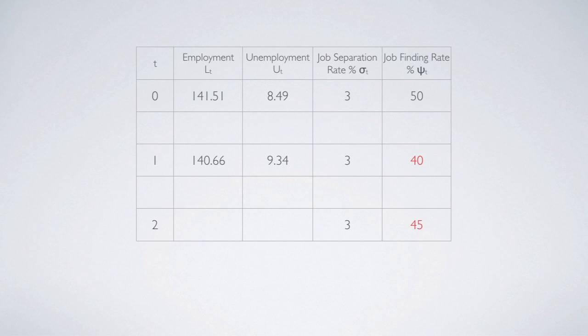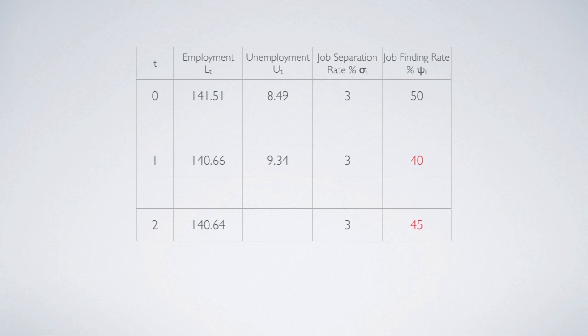In period 2, some of the employed workers will get job separated. So only 1 minus 3% of them will not be separated. However, among those unemployed workers, now 45% of them will be able to find a job and switch status to join the employment group. This gives us an employment number of 140.64.